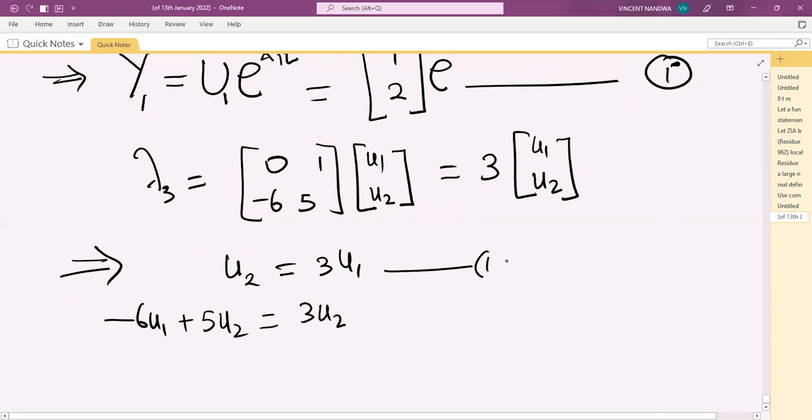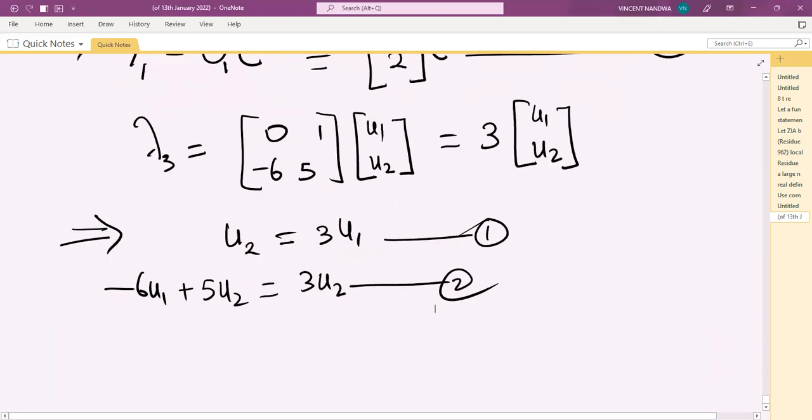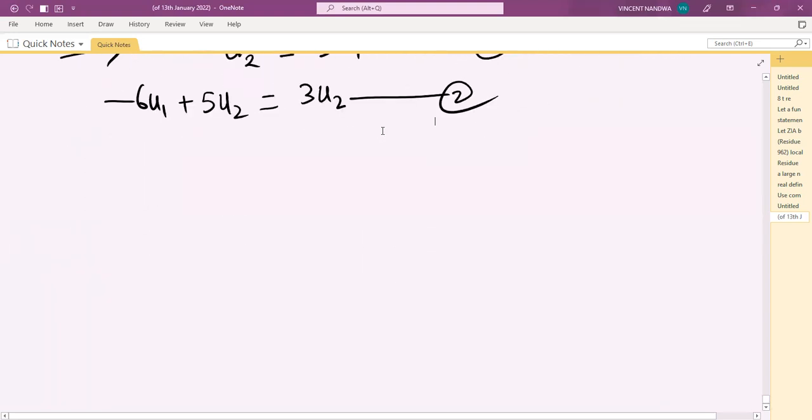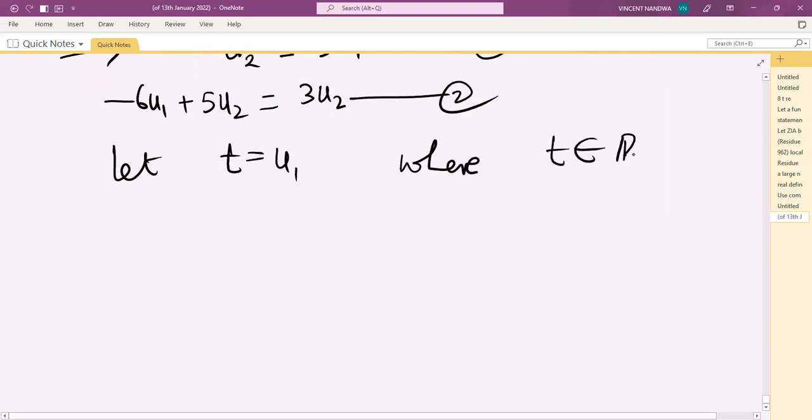So equation 1, equation 2. So putting let t to be u1, where t is a non-zero real number, then this will imply that u2 will be 3t.